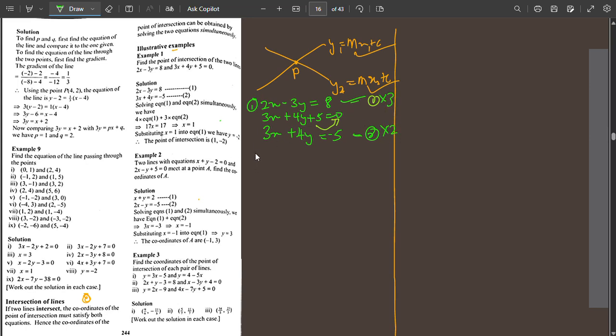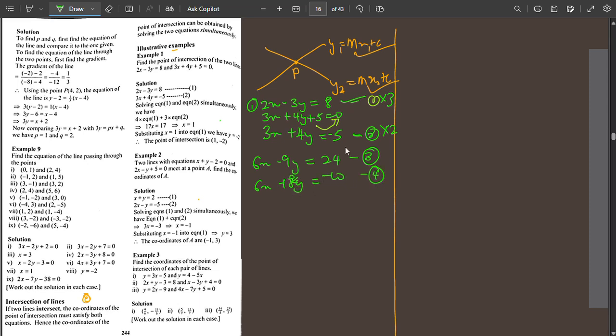After multiplying, I'll get 6x minus 9y is equal to 24, and that is equation 3. Next, equation 2, after multiplying by 2, gives 6x plus 8y is equal to minus 10.